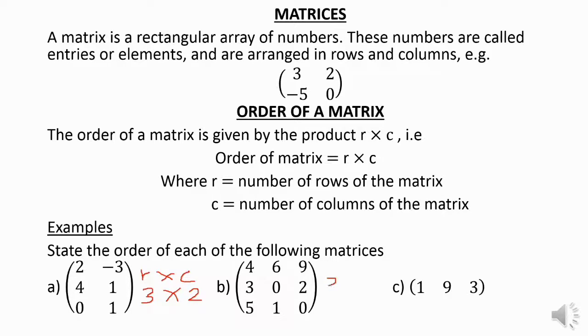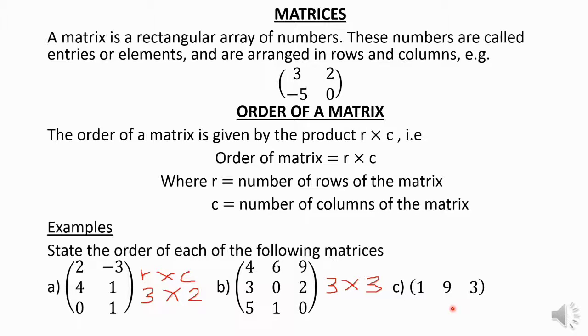The number of rows, if we check, is 1, 2 and 3, and the number of columns is 1, 2 and 3. Since this matrix has 3 rows and 3 columns, we can find the order. The order is the number of rows, which is 3, by the number of columns, which is 3 again. So the order is 3 by 3.